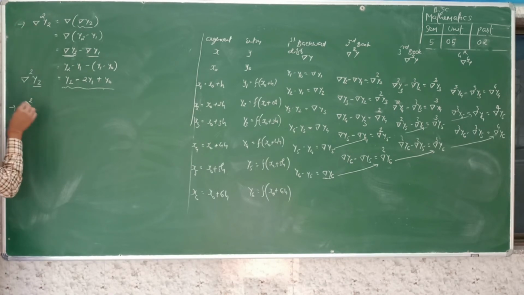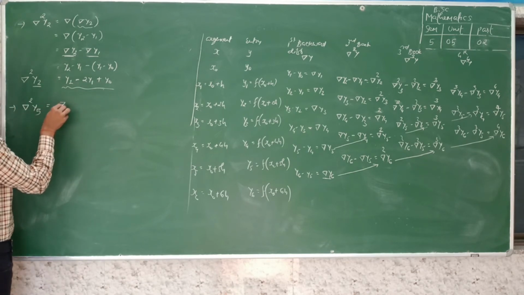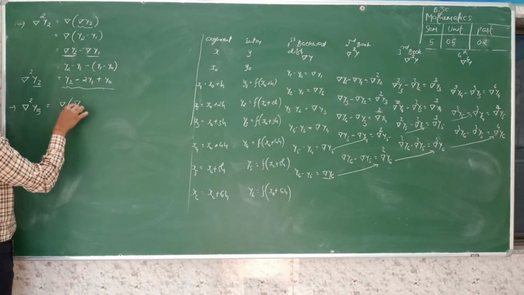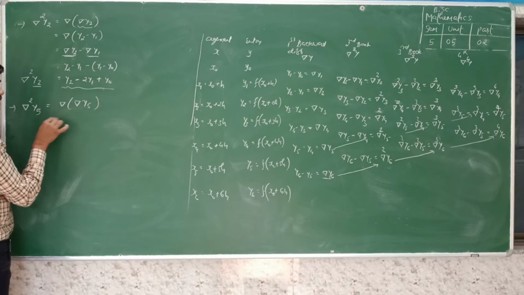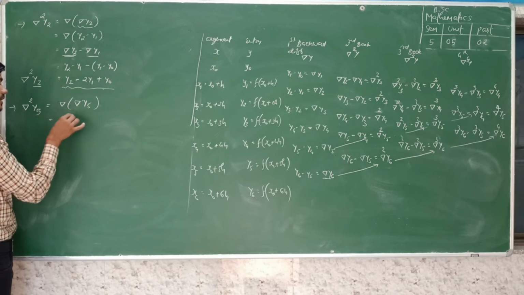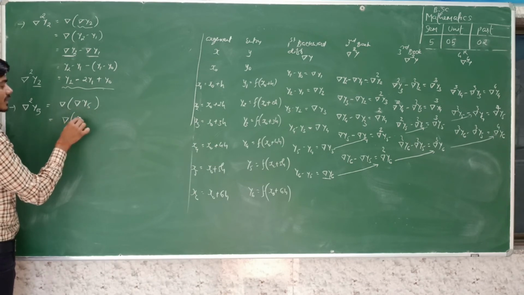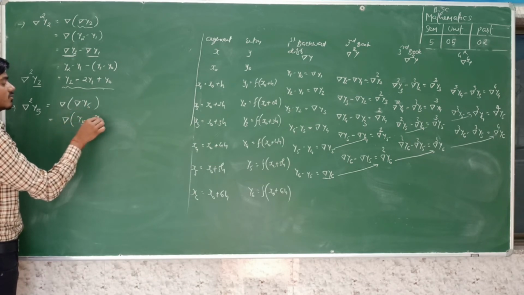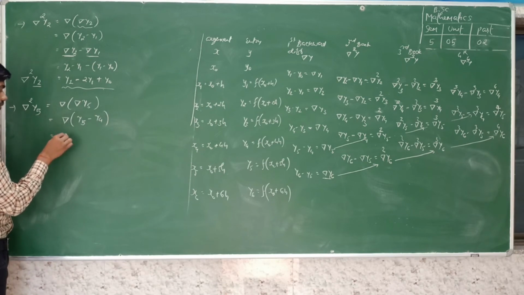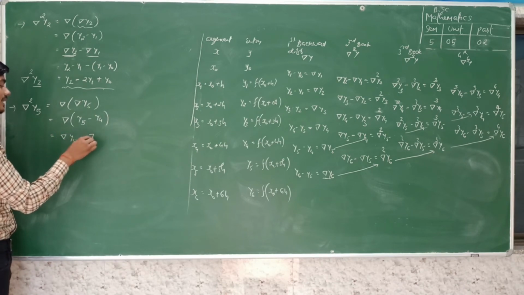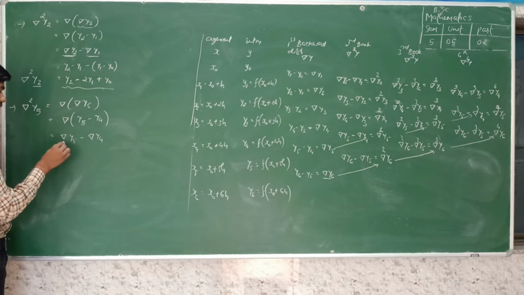Also we can expand nabla square y5. So how to expand nabla square y5? Nabla of nabla y5. Nabla y5 means y5 minus y4, so nabla y5 minus nabla y4. We can easily expand this term.